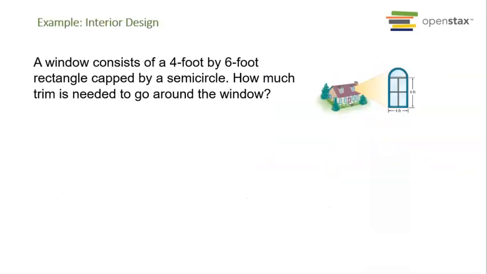So let's look at something that's a little bit more exciting. What if I have this window, and you can see that the window has a lot going on here. I have this rectangular piece, and then I have this half circle up here.